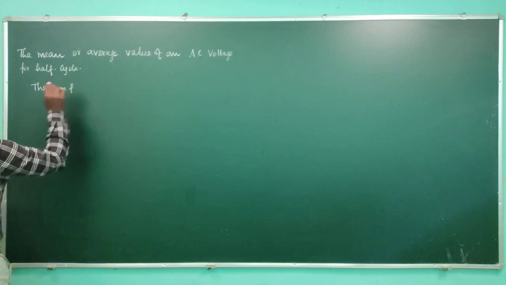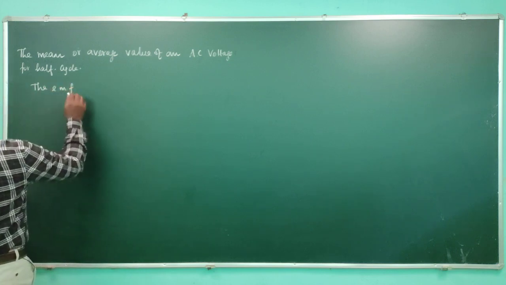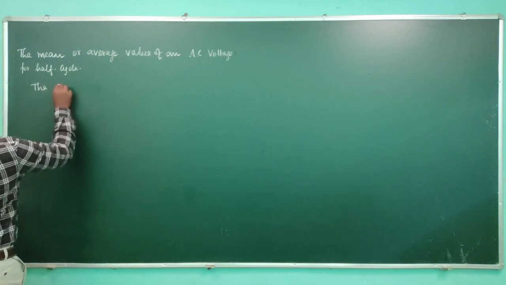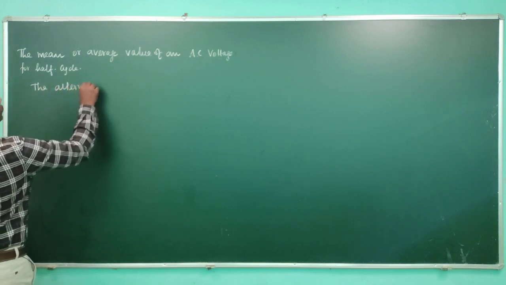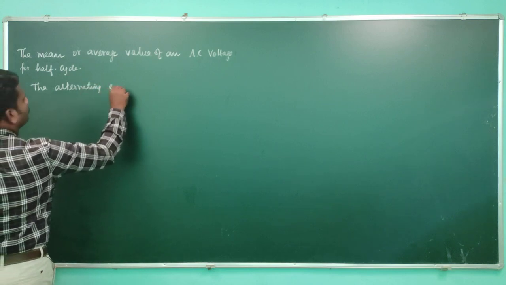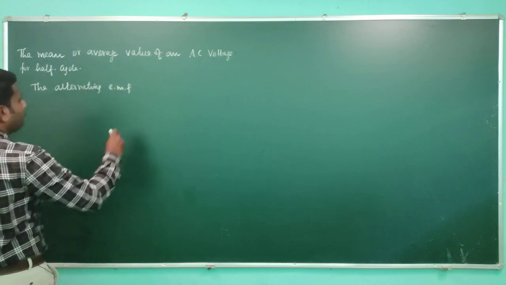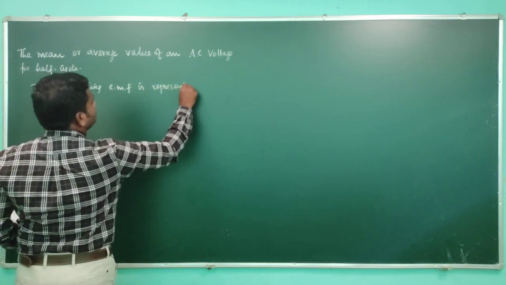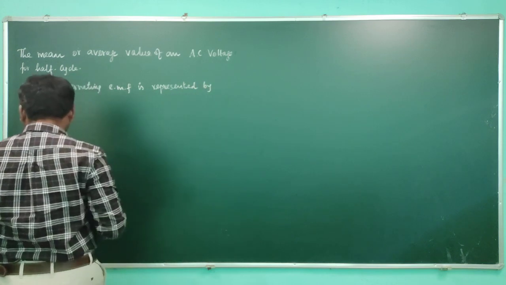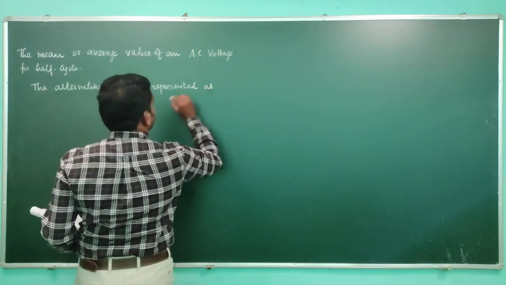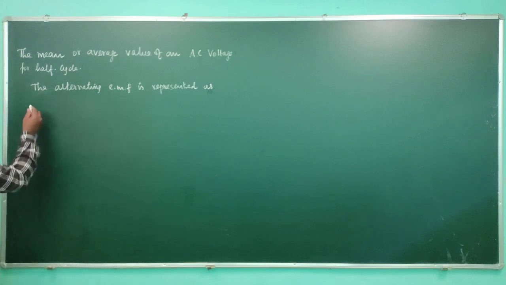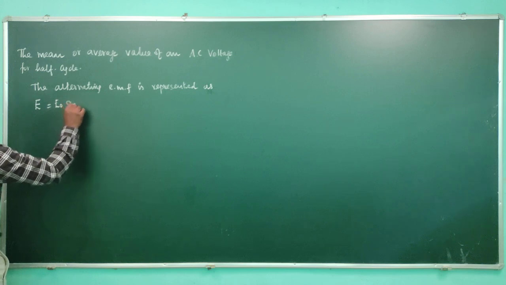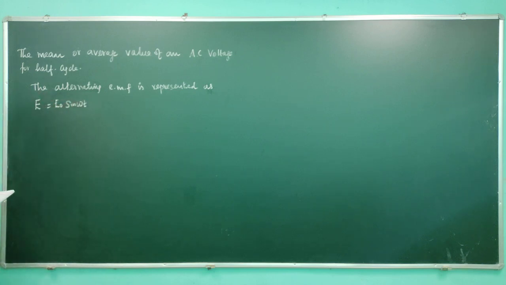The EMF of the alternating EMF is represented as E equal to E naught sin omega t.